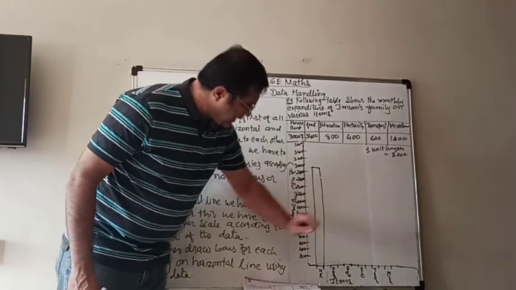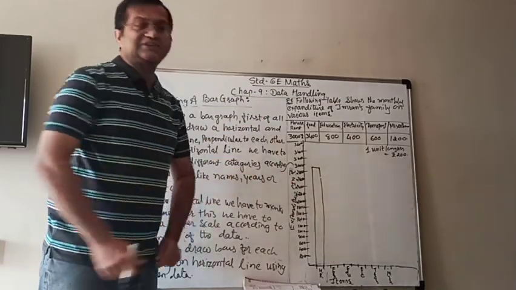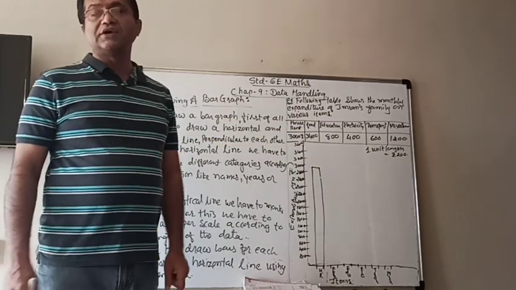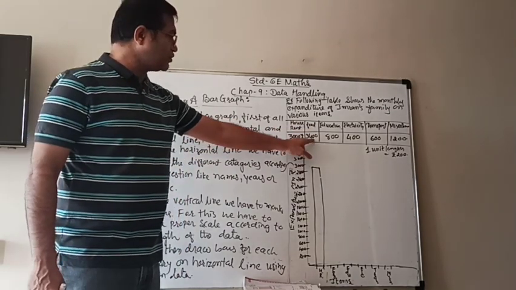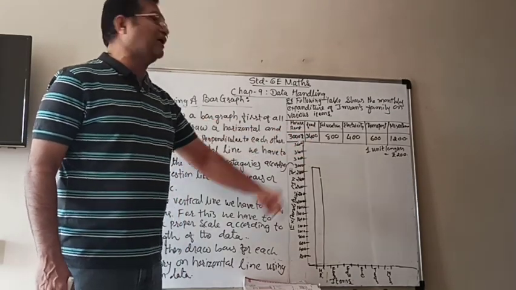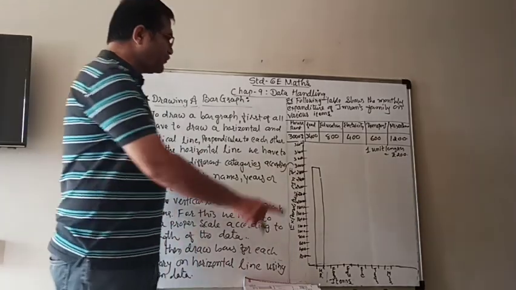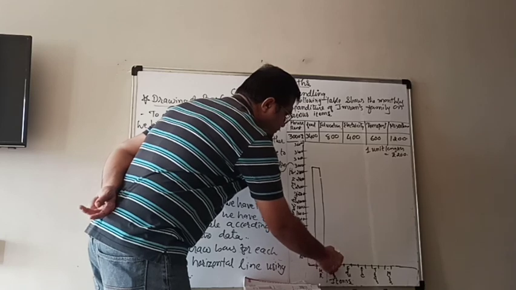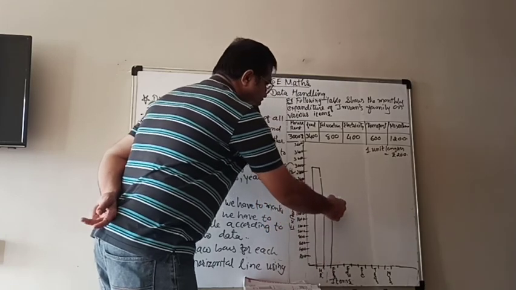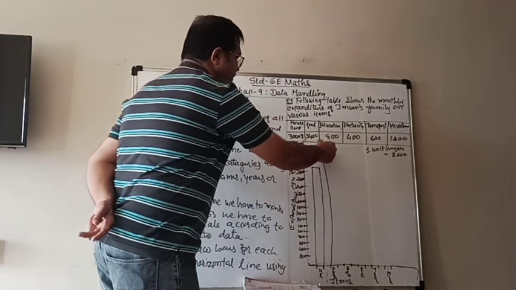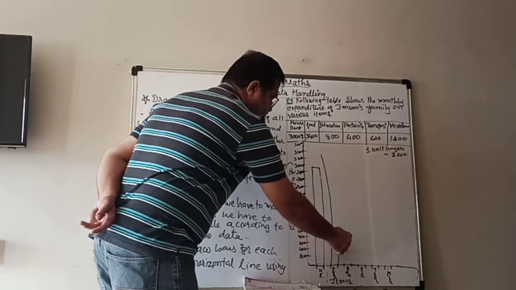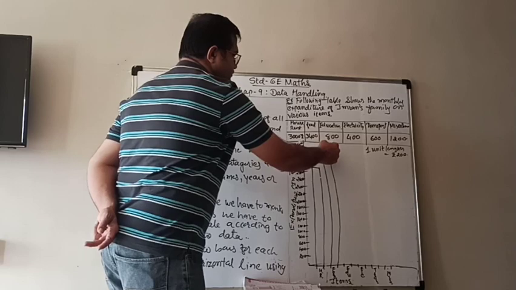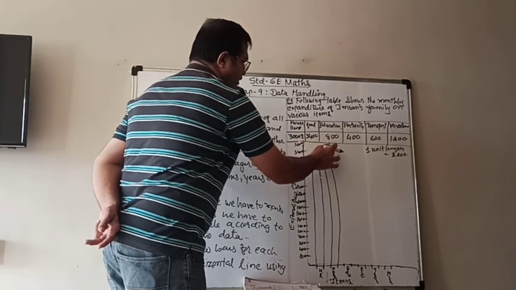Now skip one line, and in the next block we will use the next item, which is food. What is the amount of food? It is 3400. From there we have to go to 3400, and you have to use the scale and complete exactly 3400.